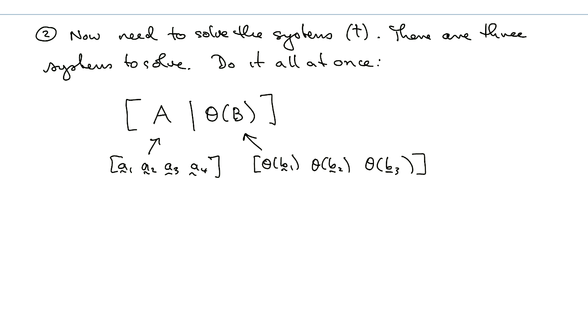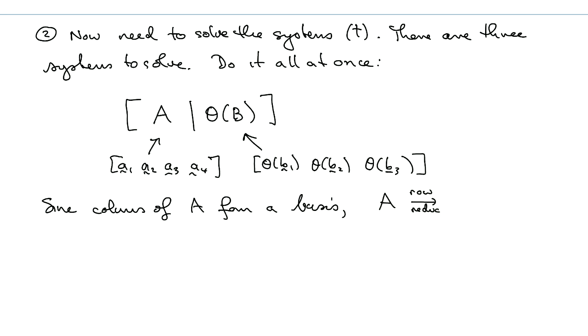What have I said here? Yeah, okay, good. Just a comment, before we even make the calculations, let's see what we expect here. Since the columns of A form a basis, we know that A, when we do the row reduction, will reduce all the way down to the identity.